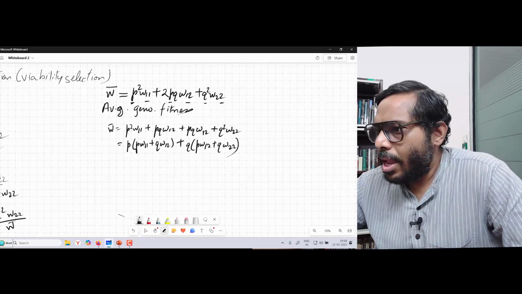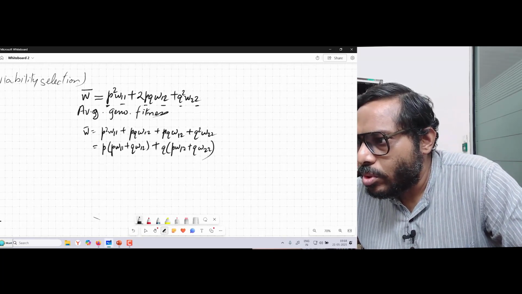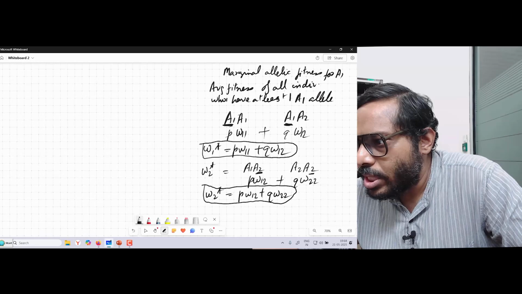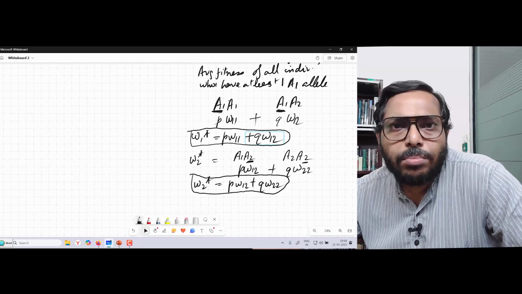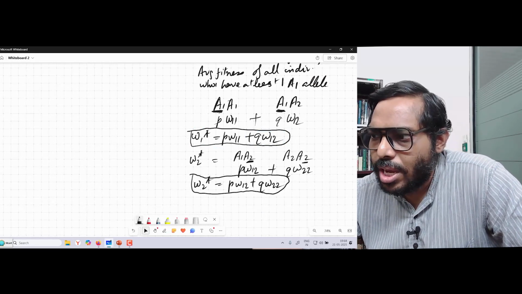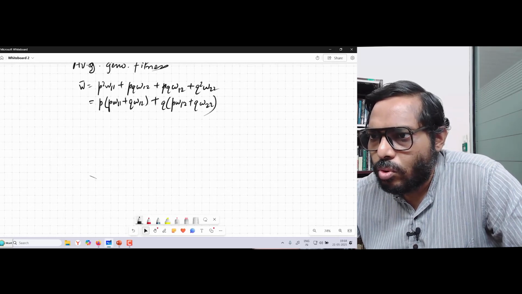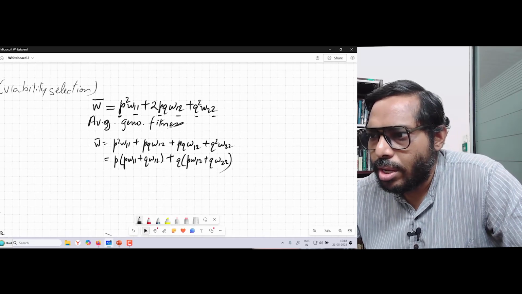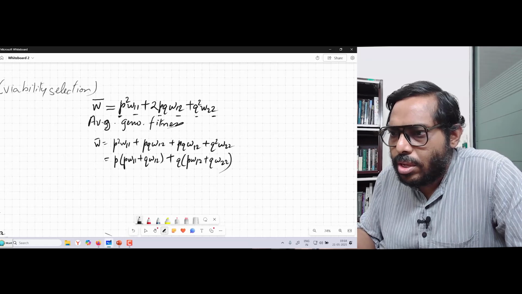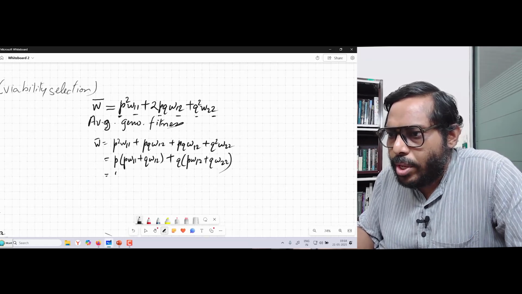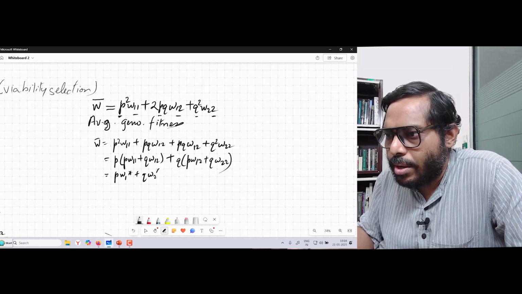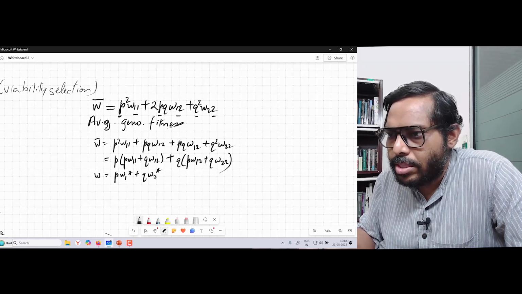And if you look at what we derived a moment earlier, PW11 plus QW12 is W1 star and PW12 plus QW22 is W2 star. So this simply becomes PW1 star plus QW2 star. This is my W bar.